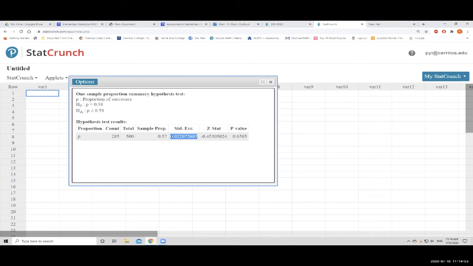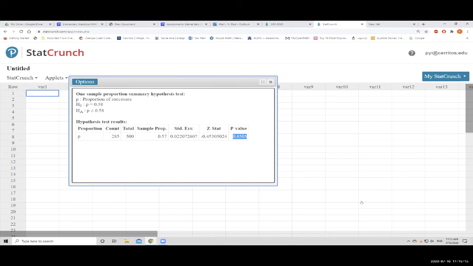That's our Z, the test statistic. But more importantly, the most important thing here is this right here: the p-value. I'm going to state that p-value in bright pink.